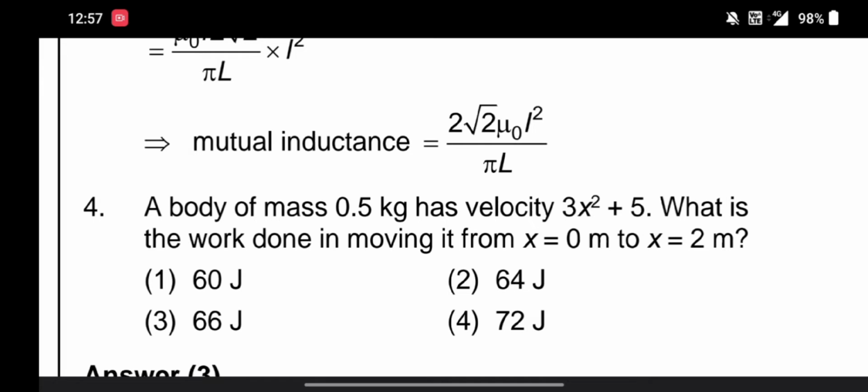We have to find the work done. The options are 60 joule, 64 joule, 66 joule, and 72 joule. Let us find which one is the correct answer.